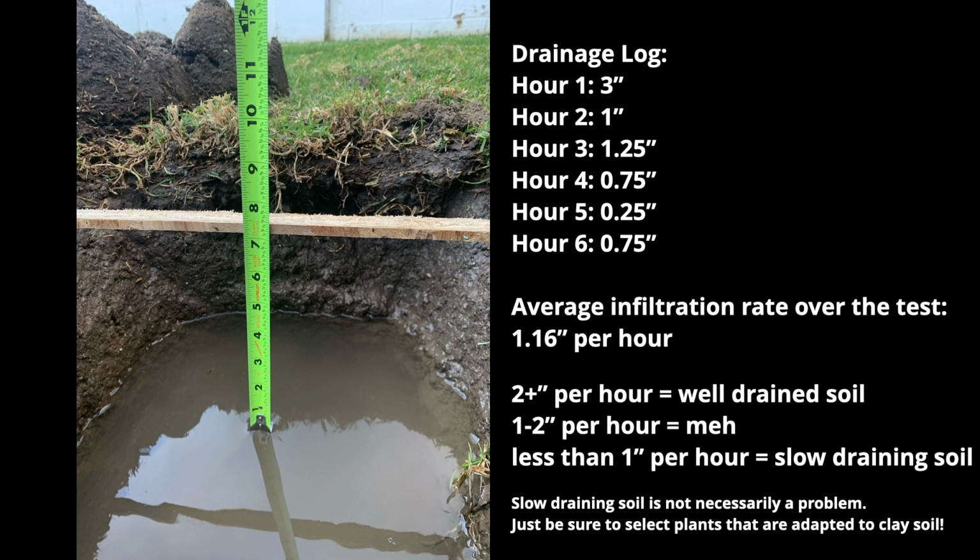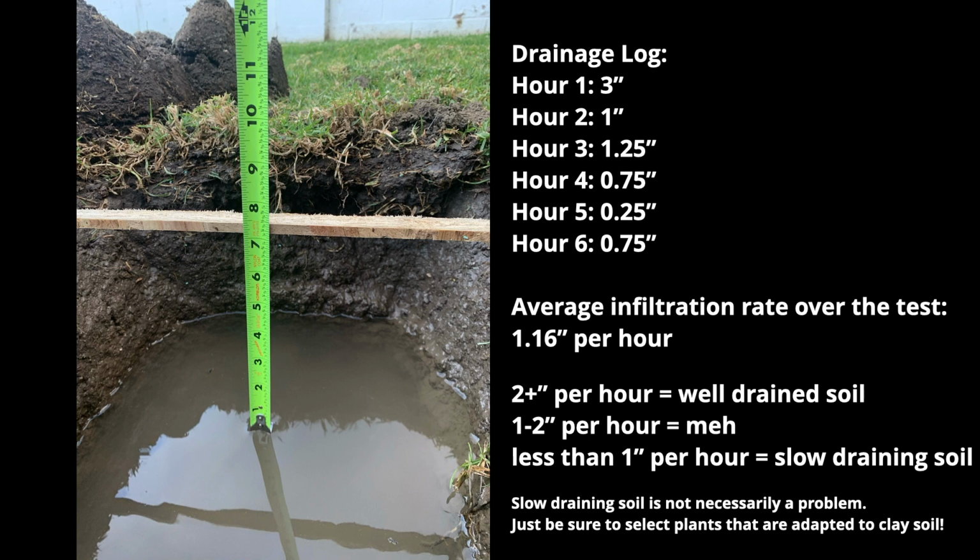If your soil drainage is between 1 to 2 inches per hour, that's kind of medium drained soil. You can't quite claim that it's well drained. In my experience with that 1 to 2 inch per hour soil performance, in some projects in the past where I've planted plant material that wants well-drained soil into soil in that medium range, they've done just fine.